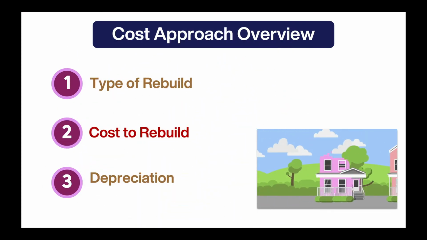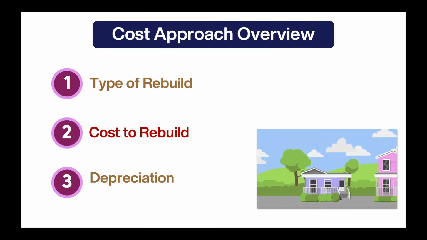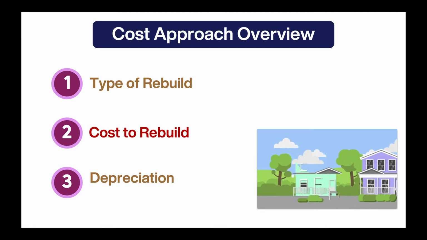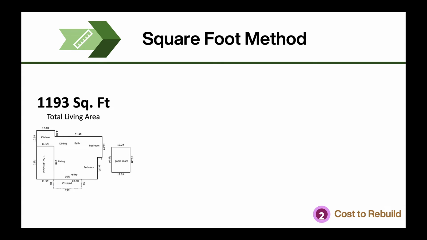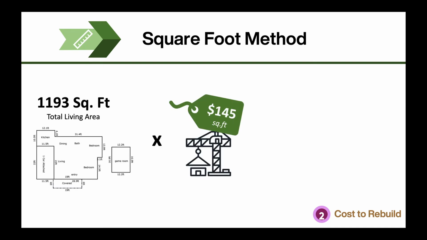Once the appraiser knows how the property is to be rebuilt, the next step is to price the rebuild. There are 3 pricing options: the square foot method, the unit in place method, and the quantity survey method. In the square foot method, the appraiser calculates the cost of construction and multiplies it by the square feet of the improvement.